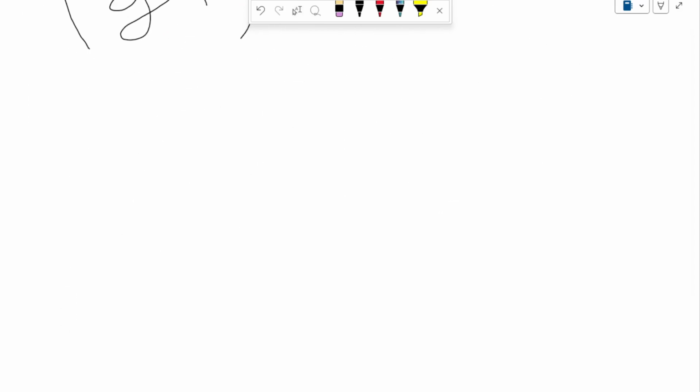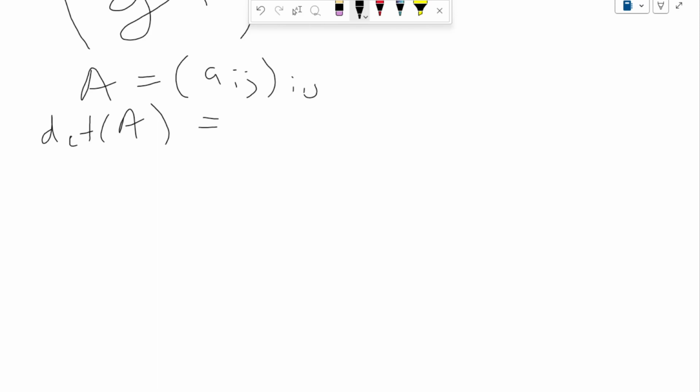So here's one formula for the determinant of a matrix. We're going to start with the determinant of A. My matrix A is going to be (a_{ij}) with i, j equals 1 to n.